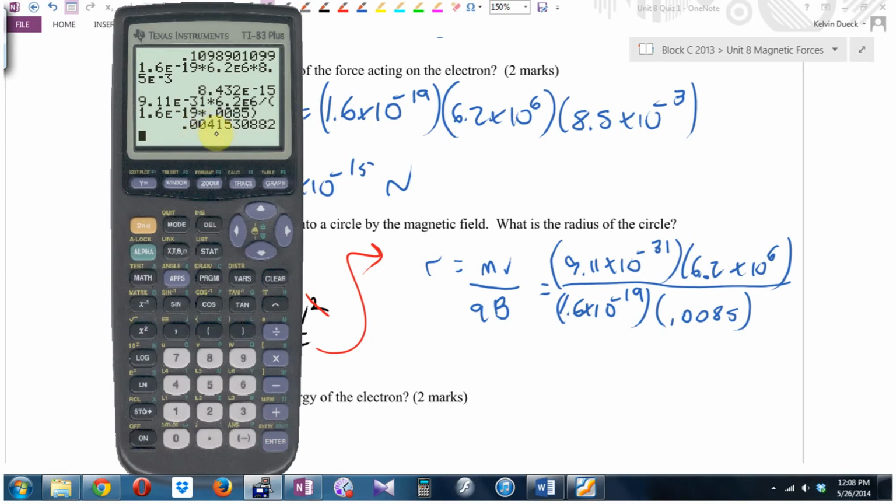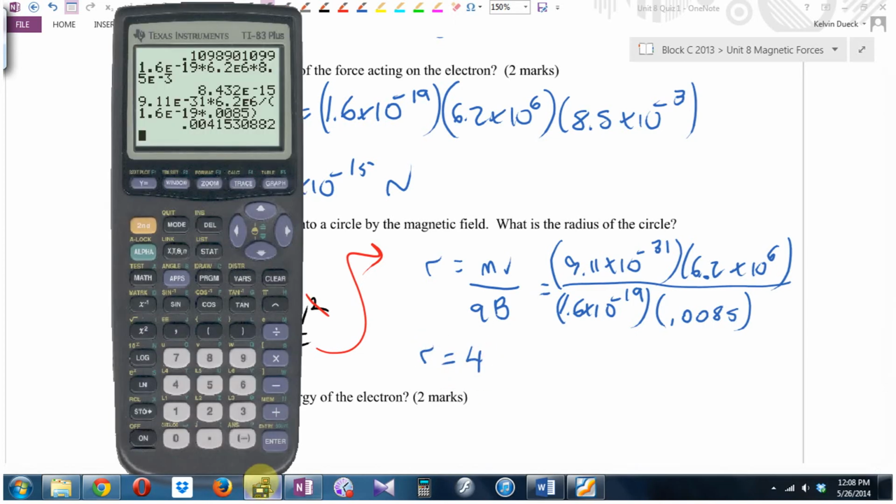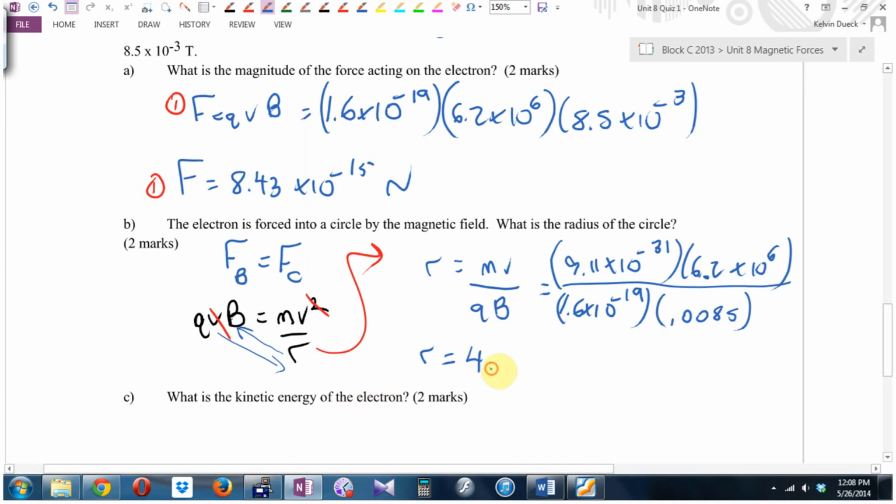Is that right? That's small. I have to change these numbers, but okay. So we're at 4.15 times 10 to the negative 3 units. Radius. Oh, meters. Got to be. Okay.